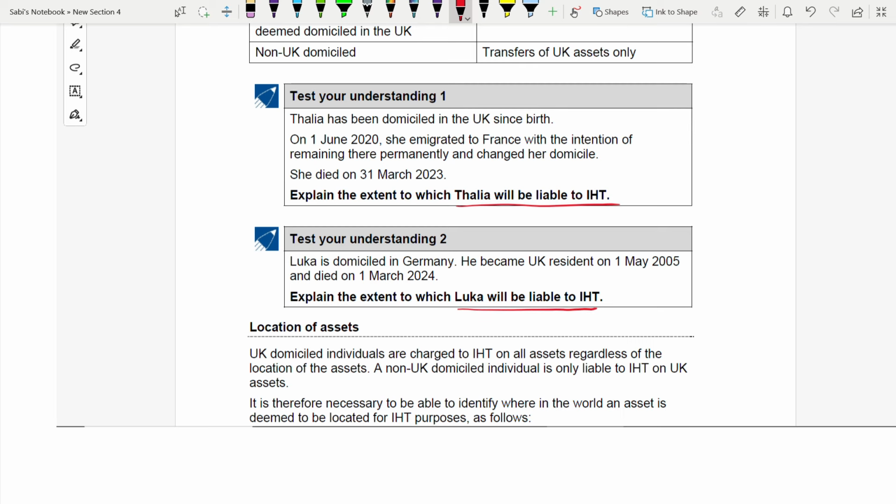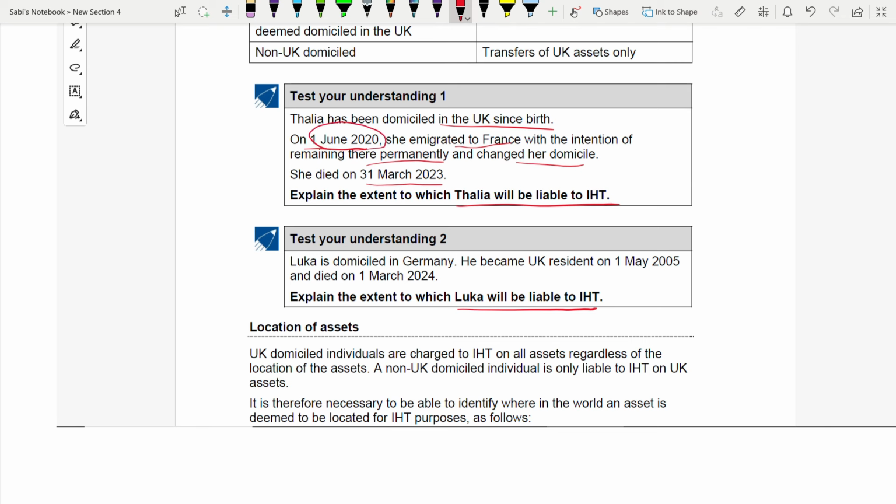Thalia has been domiciled in the UK since birth. On 1st June 2020, she emigrated to France with the intention of remaining there permanently and changed her domicile. She died on 31st March 2023. That means she ceased to be UK domiciled on 1st June 2020.